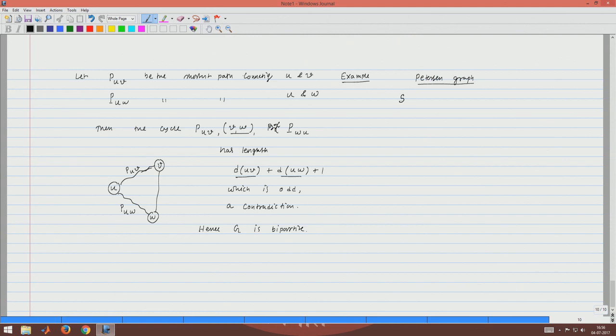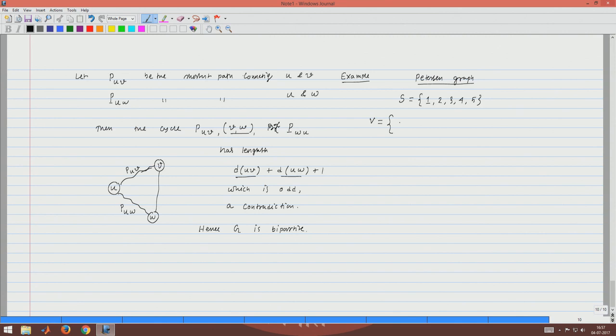Let S be the set of 5 elements 1, 2, 3, 4, 5, and the vertices of this graph are all 2-subsets of this set S.